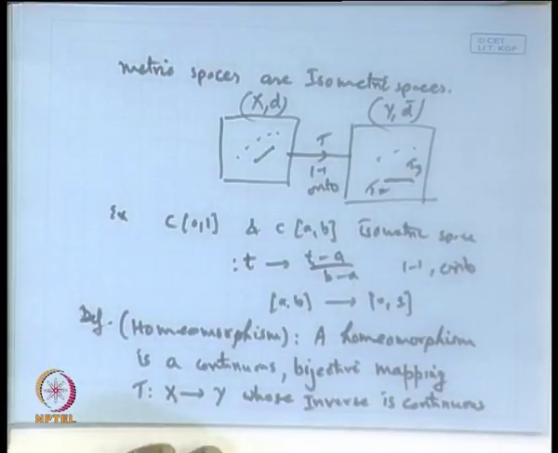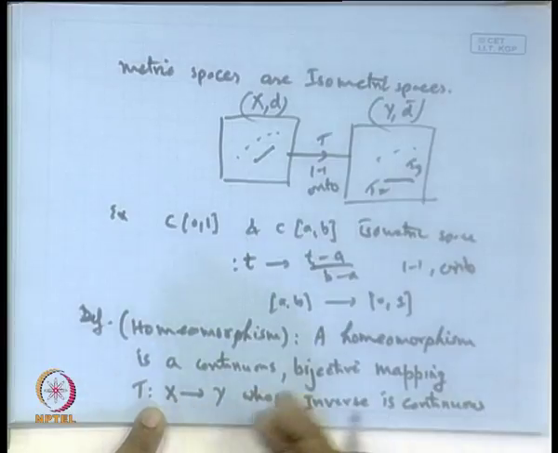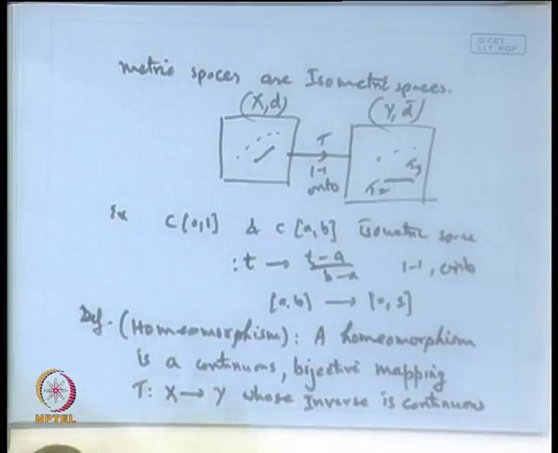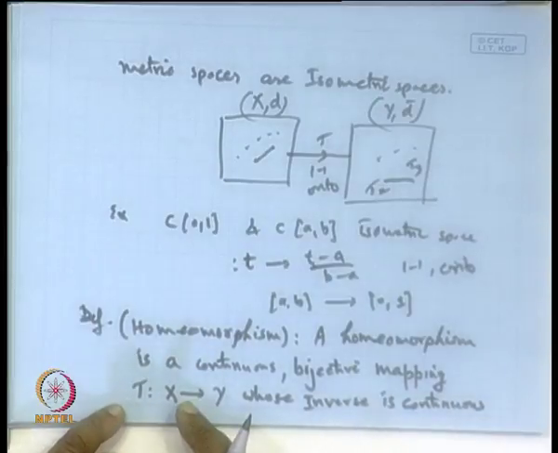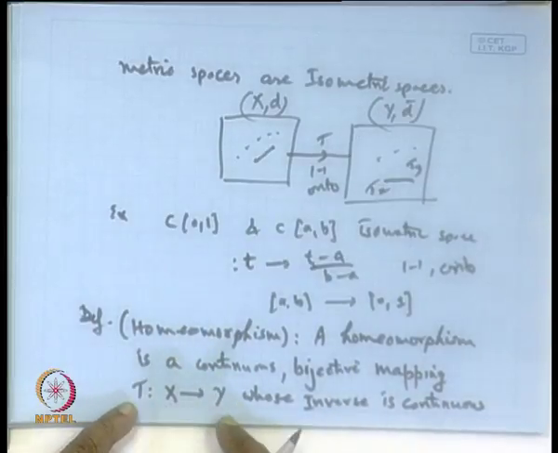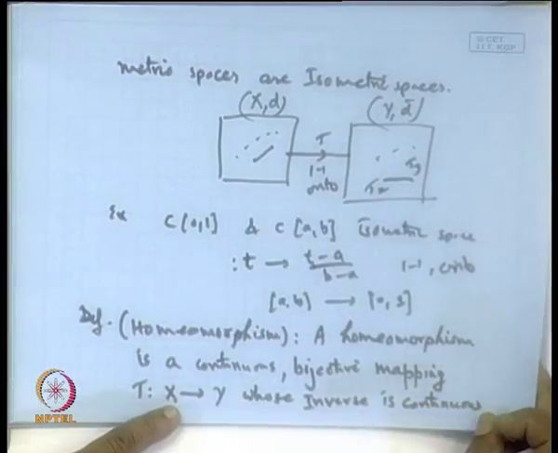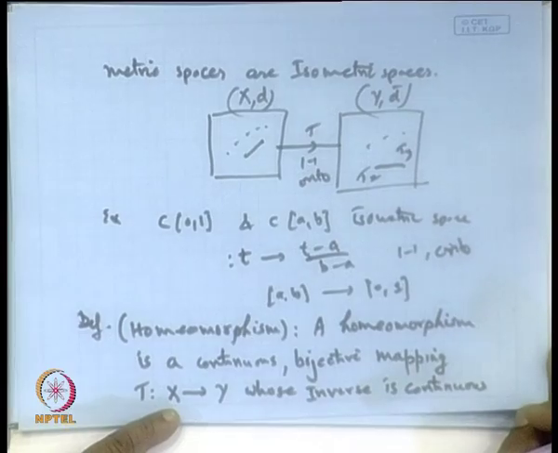It means a mapping from one metric space to another which is one-one, onto, continuous, and whose inverse is also continuous. Such a mapping is called a homeomorphism from one metric space to another.